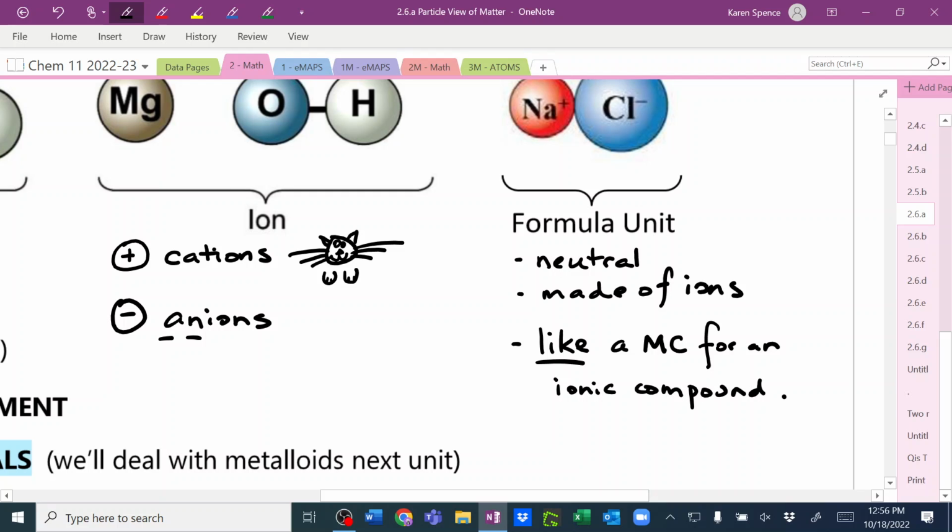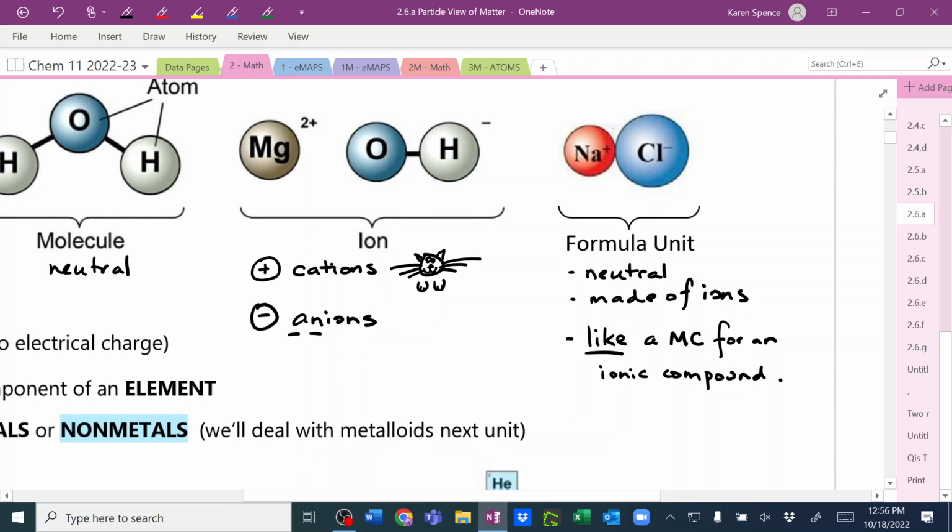But we can't call it a molecule because molecules are only between nonmetals. So we have this formula unit thing, which is a single unit of an ionic compound.